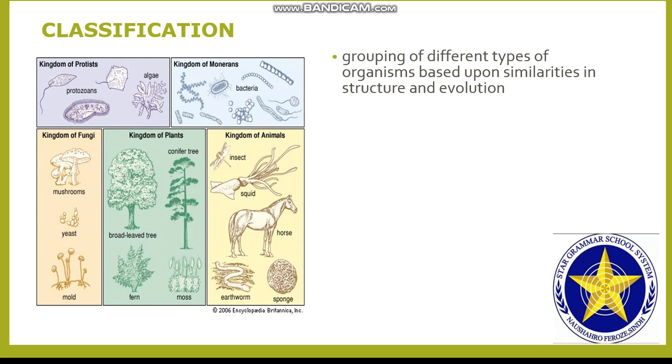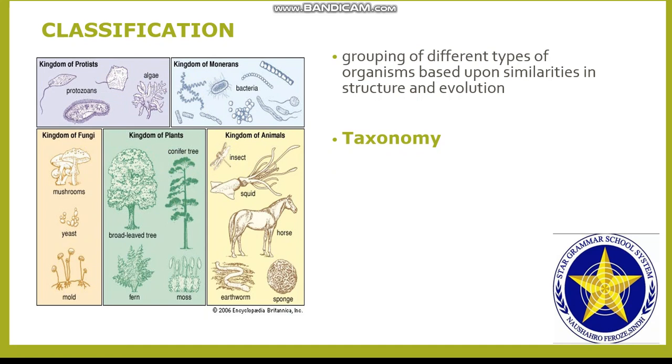We group organisms into different groups like Protista, Monera, Animalia, plants and fungi, according to their characteristics, similarities and differences. This grouping of organisms is called classification.